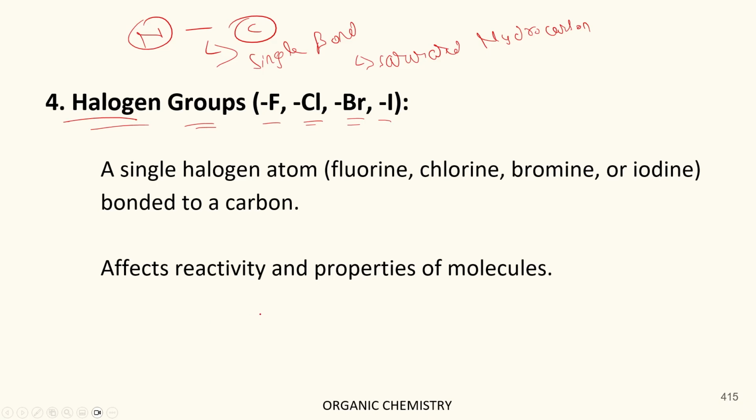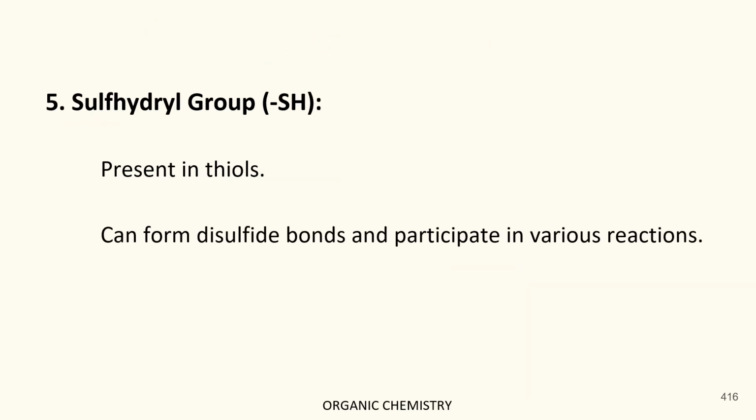Got it? It affects reactivity and properties of the molecules. So if a halogen group is present within the molecule, it will affect the reactivity and the properties of the molecule as per its own properties, like the single bond. Got it? Now let's move forward.